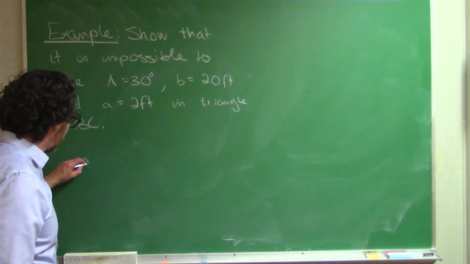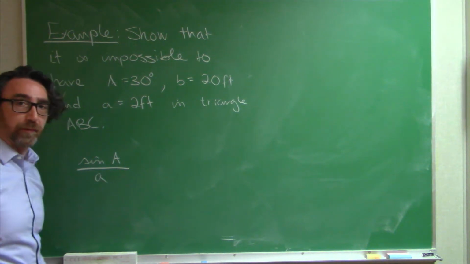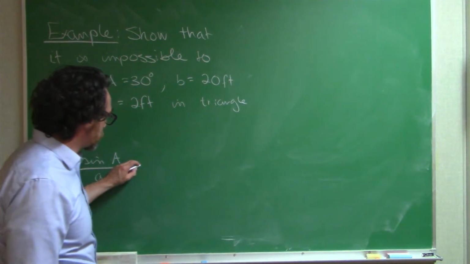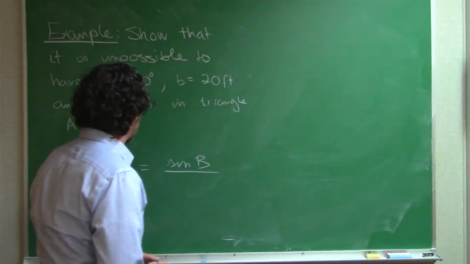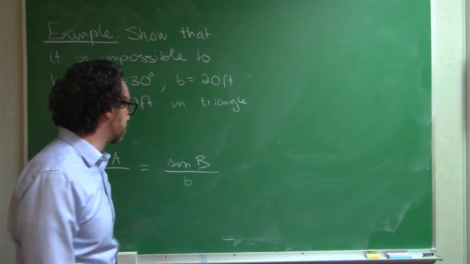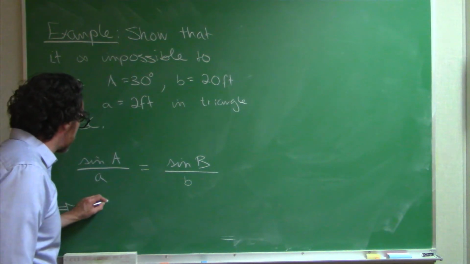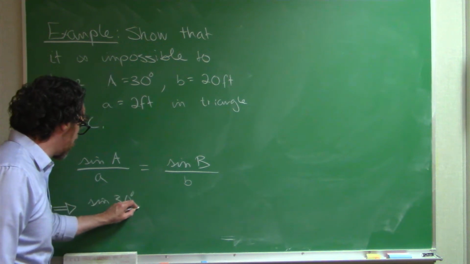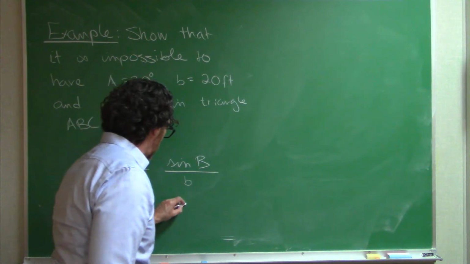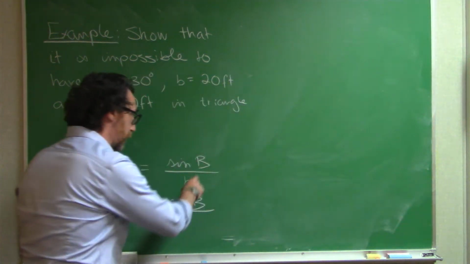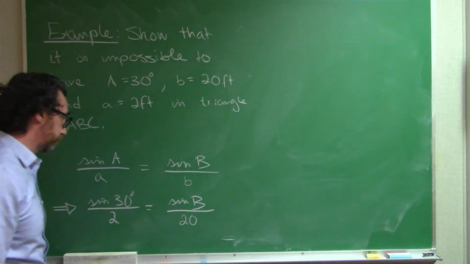The law of sines tells us this: sine A over the length of side A should be equal to sine B over the length of side B. Let's fill in what we know. Sine 30 degrees over 2 feet equals sine B, okay, notice my unknown is an angle here, over 20.